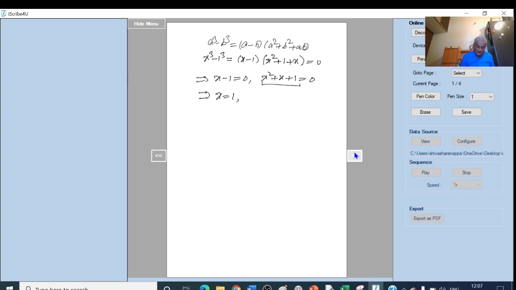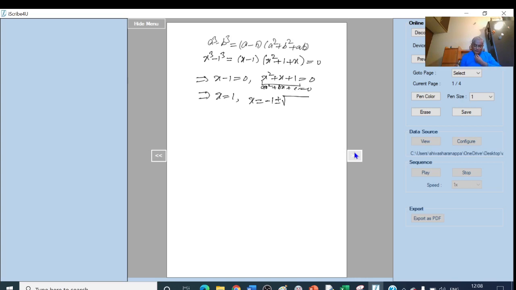Root of this is given by x is equal to, this is in the form of ax square plus bx plus c equal to 0. Root of this is given by minus b plus or minus root of b square minus 4ac divided by 2a. Here b equal to 1, a equal to 1, c equal to 1.